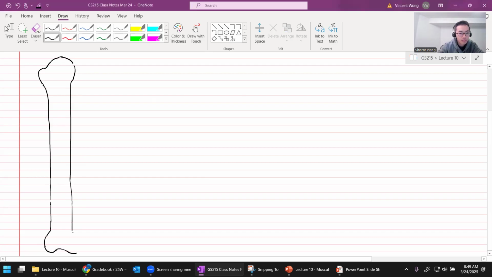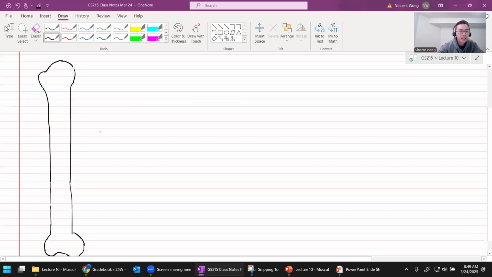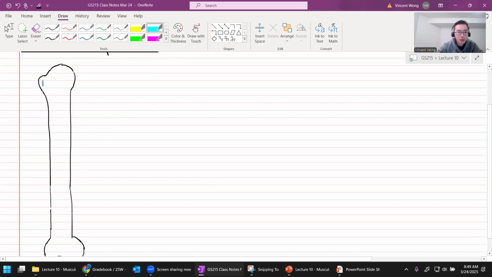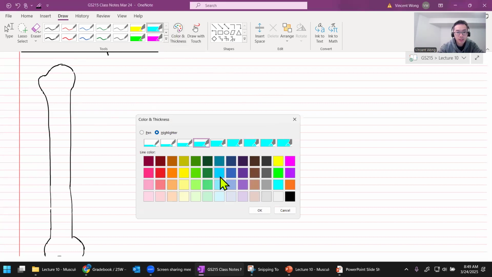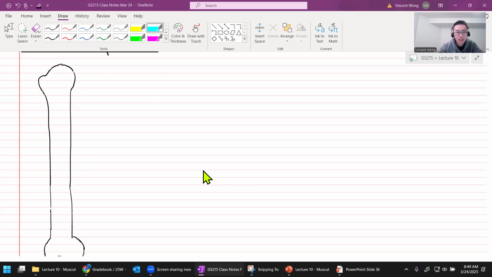Draw your best bone right there. Now, at the ends of a long bone, you're gonna have a little bit of cartilage on it.